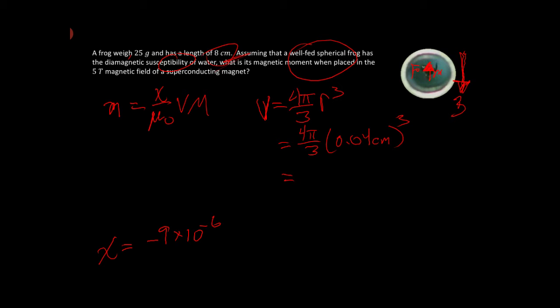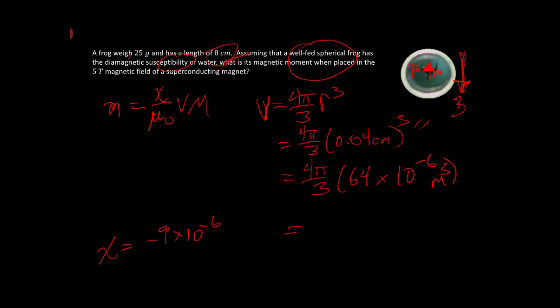All right, so that's 4 pi over 3. 4 times 4 is 16. 16 times 4 is 64. For each one of those centimeters, and there are 3 factors of centimeters, I get a 10 to the minus 2, so that's times 10 to the minus 6 meters cubed.